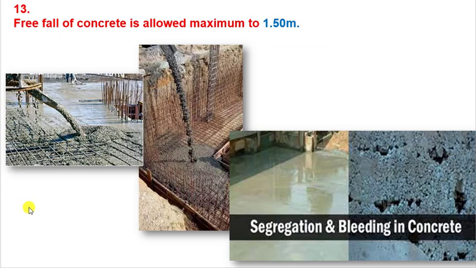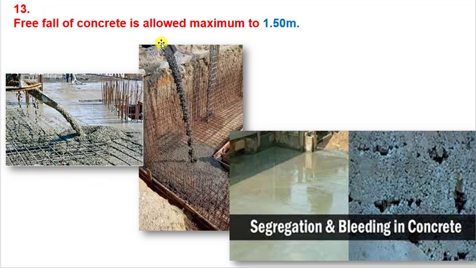And the third point for today's discussion is a very important point. This is asked various times during interviews and exams. It is also important if you are a site engineer, because it is related to the concrete free fall.